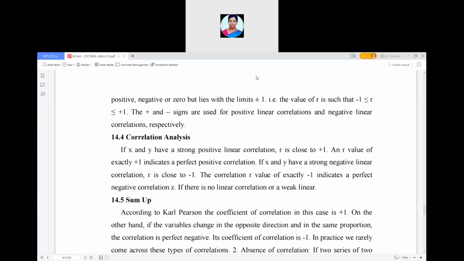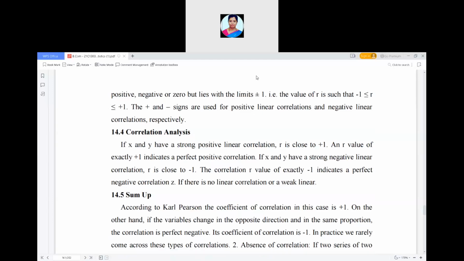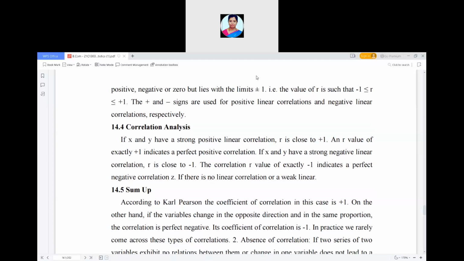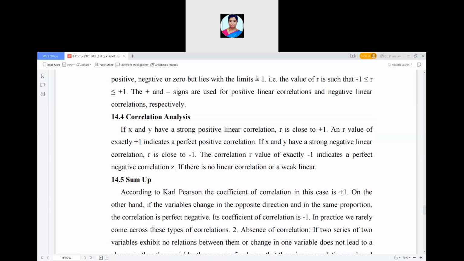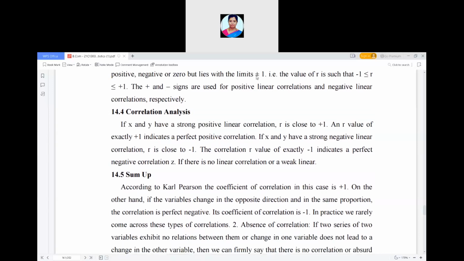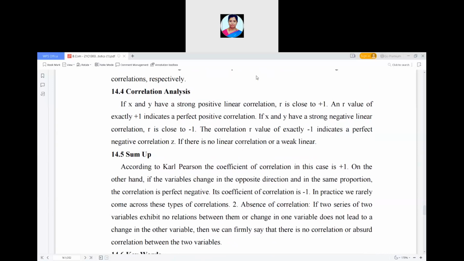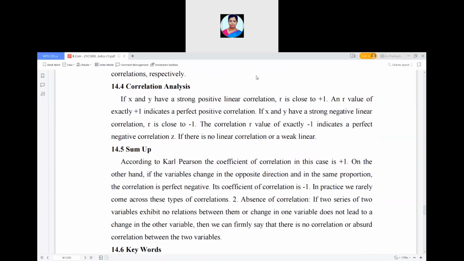So here we sum up this unit. According to Karl Pearson's coefficient of correlation, if a variable changes in the opposite direction in the same proportion, the correlation is perfect negative. Its correlation coefficient is -1.